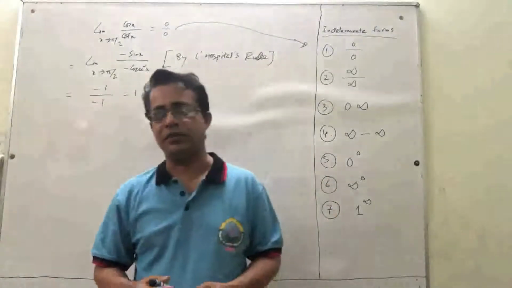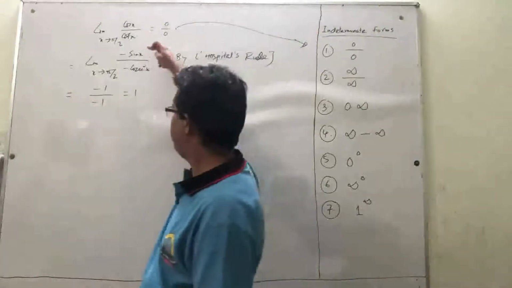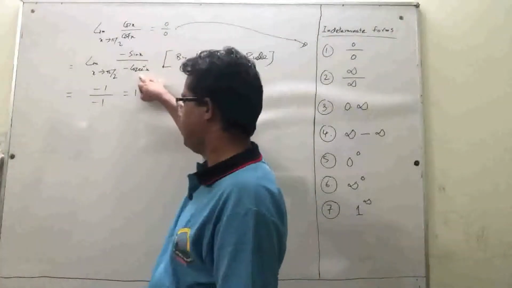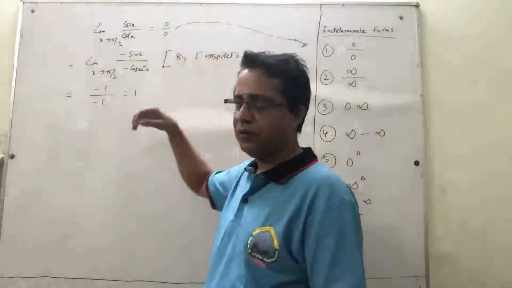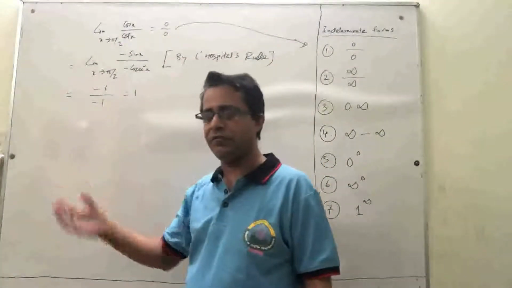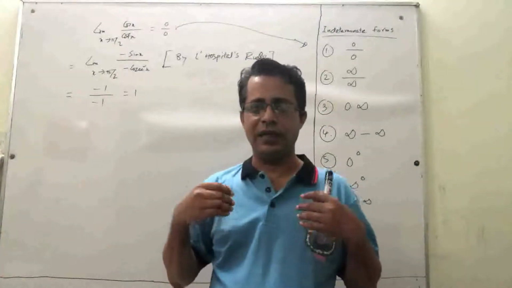Here another thing is very important. If f derivative and g derivative are also 0 by 0 form or another indeterminate form, then we will have to follow L'Hospital's rule again and again.